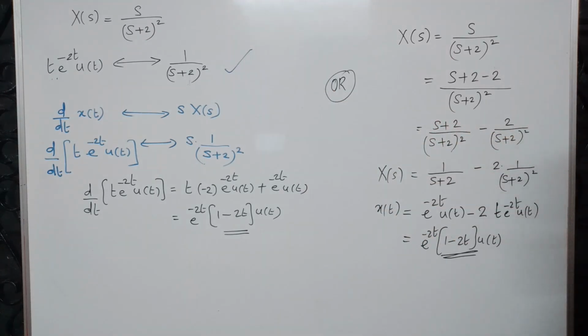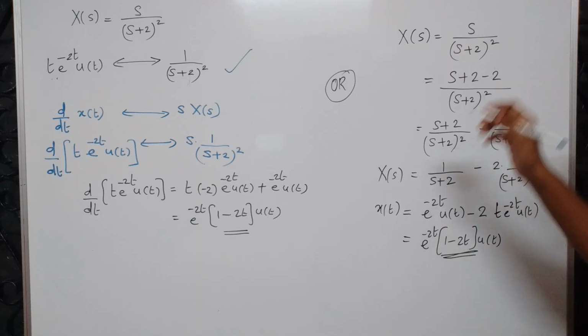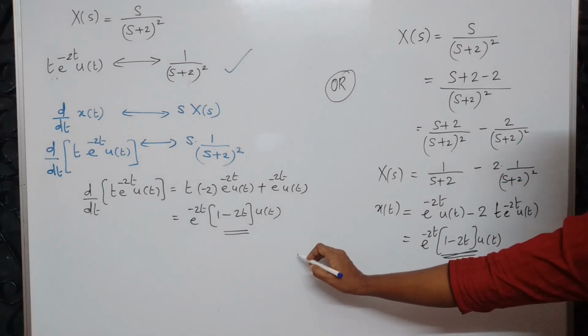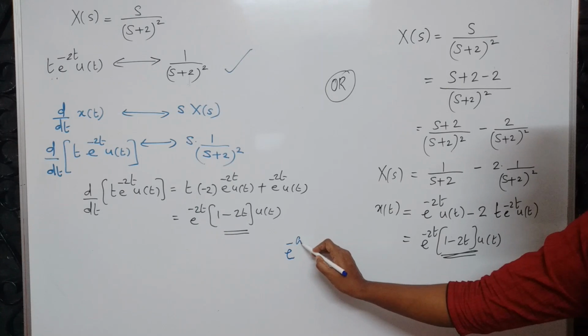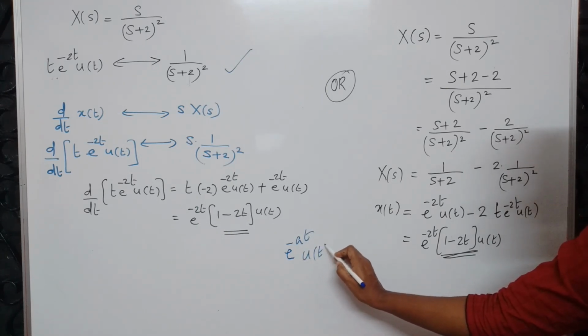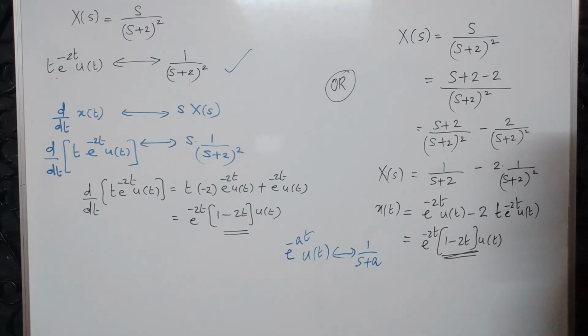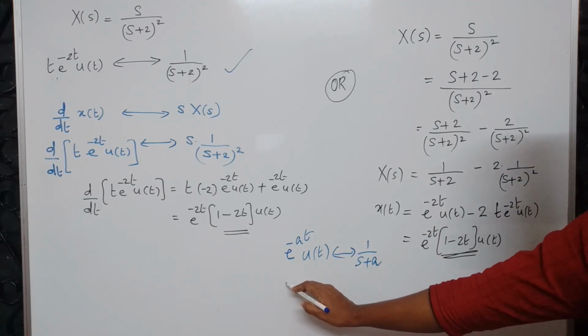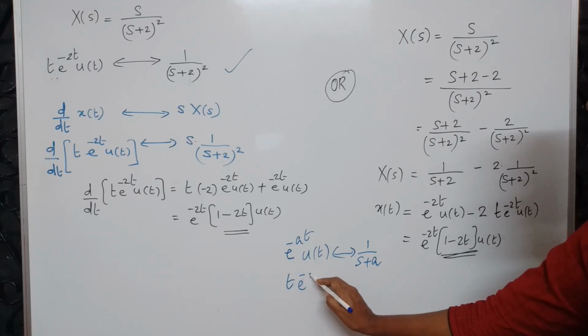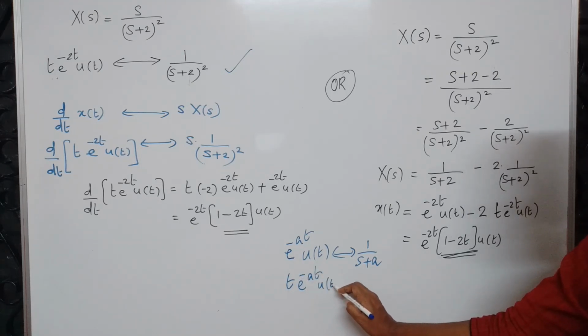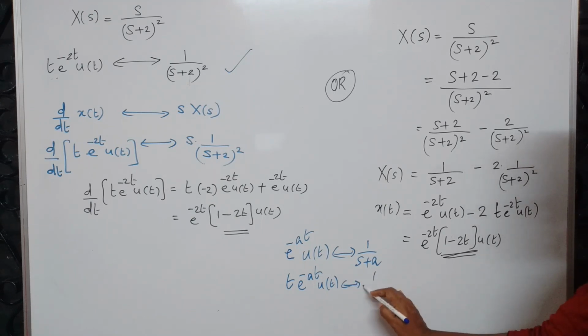The standard results which we have used are: the Laplace transform of e raised to minus at u of t is 1 by s plus a, and another standard result is that t into e raised to minus at u of t is 1 by (s plus a) the whole square.